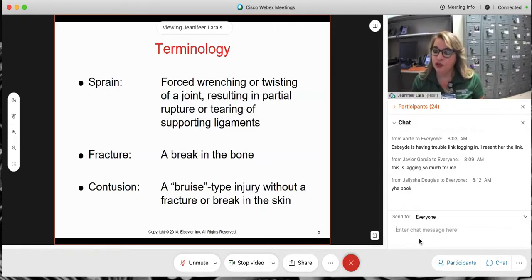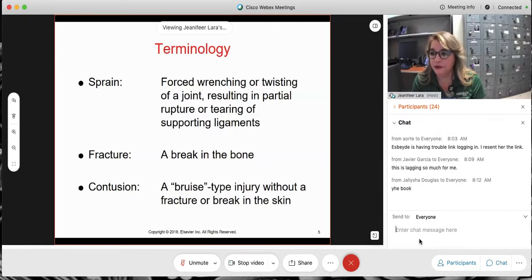Now we have contusion. We've heard of that word, contusion. We hear about the NFL, we hear about athletes, whether it's trauma, car wreck, and so forth. What is a contusion? We all get them, but we really don't know that they're called contusions. They're bruises. This is where we have a bruise injury without a fracture or break in the skin.